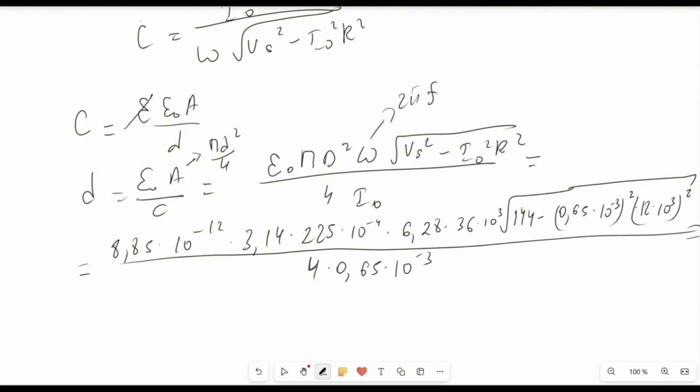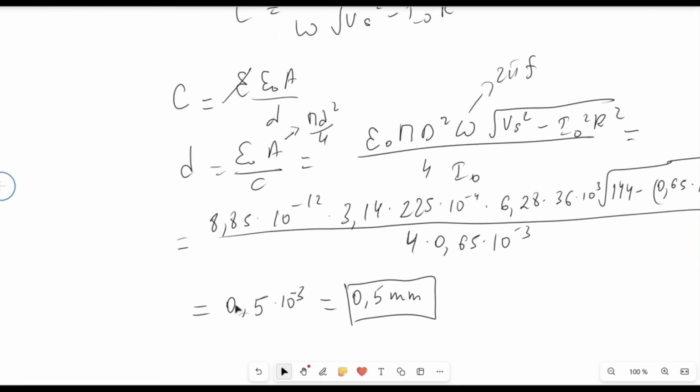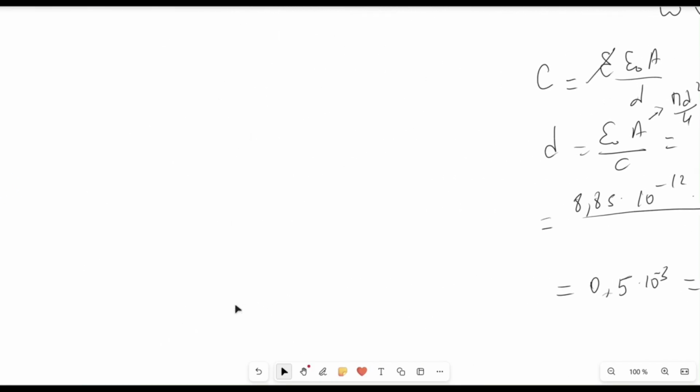Yes. After a little bit difficult calculating, we have 0.5 times 10 to the power minus 3. It's actually 0.5 millimeter. So we'll find our distance between capacitors.